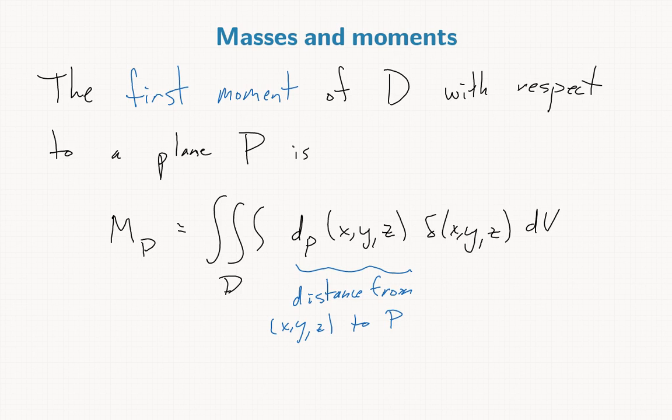So we saw in the first unit how to calculate the distance from a point to a plane, but we won't need the general complicated case. So we only need this for the coordinate planes.